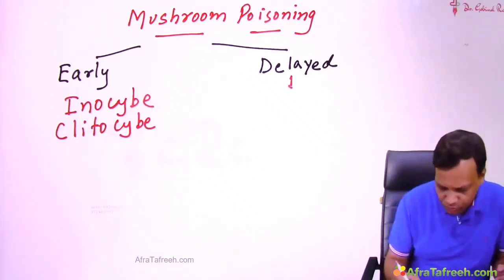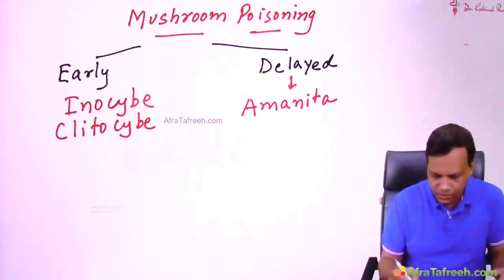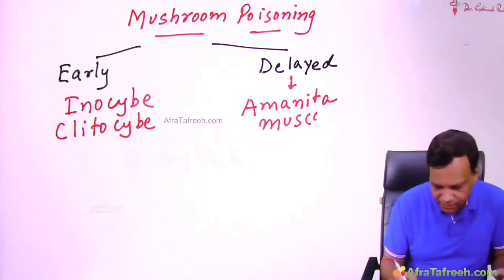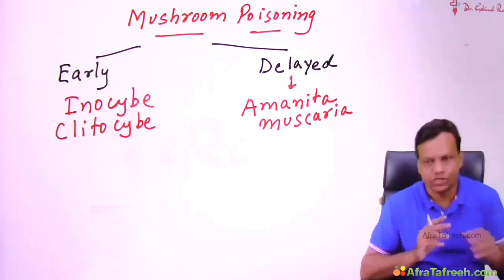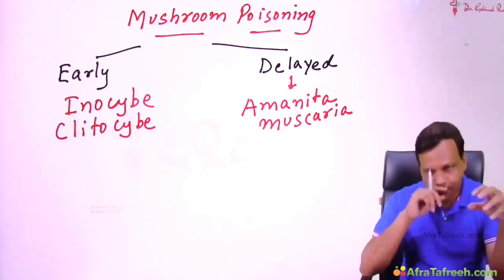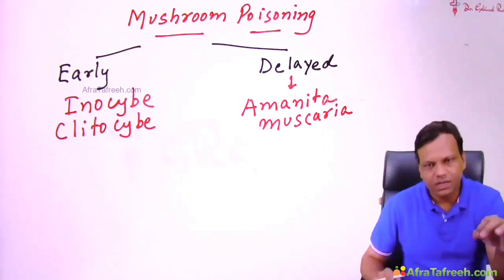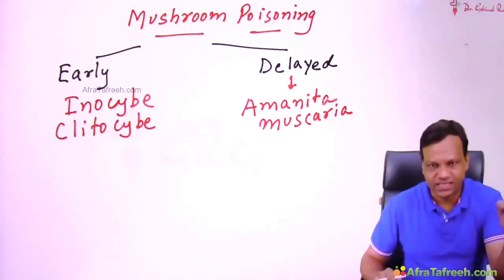Whereas delayed mushroom poisoning is caused by the Amanita group of mushrooms, one of them is Amanita muscaria. Now these are totally different diseases. Early mushroom poisoning presents with symptoms similar to cholinergic excess, that means similar to organophosphate poisoning.